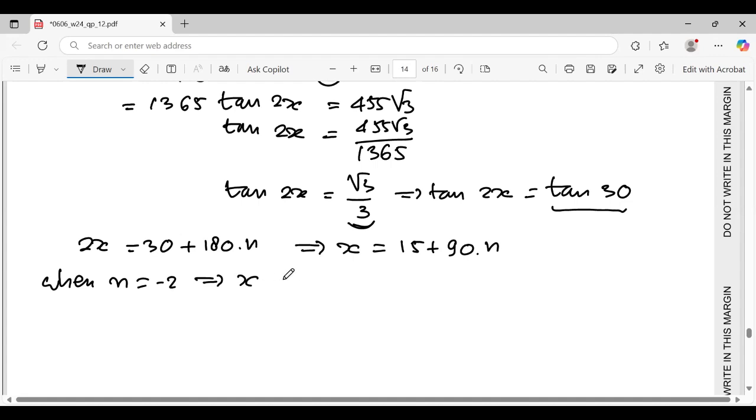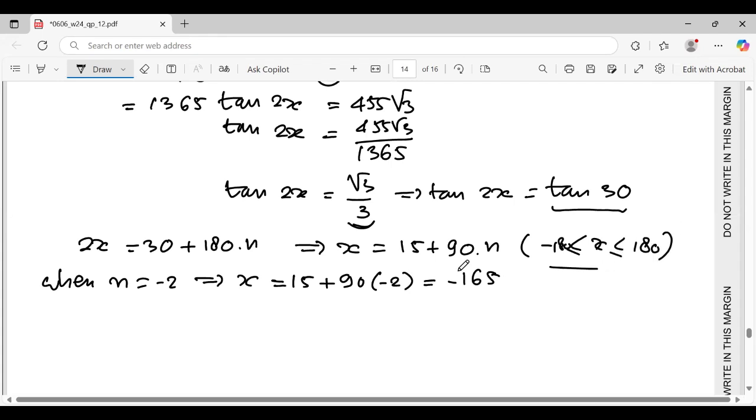So x equals 15 plus 90 times minus 2. This is minus 180. Minus 180 plus 15 is minus 165. Okay, and recall that the x interval is minus 180 to 180. This is in the interval, so accept this solution.